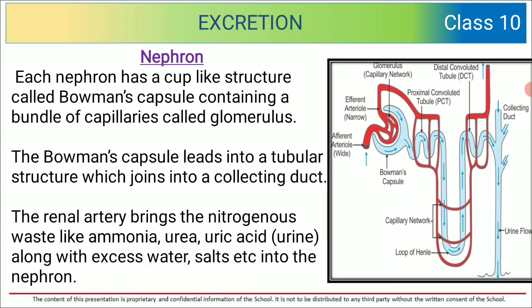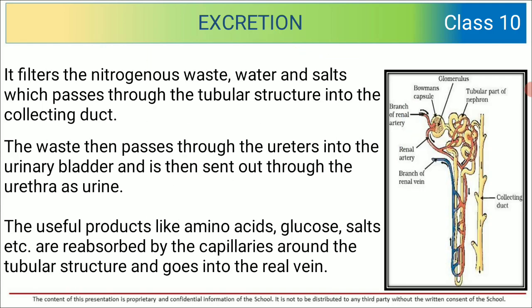The renal artery brings the nitrogenous waste like ammonia, urea, uric acid along with excess water, salts, etc. into the nephron. Now what it does, it filters the nitrogenous waste, water and salts, which pass through the tubular structure into the collecting duct.